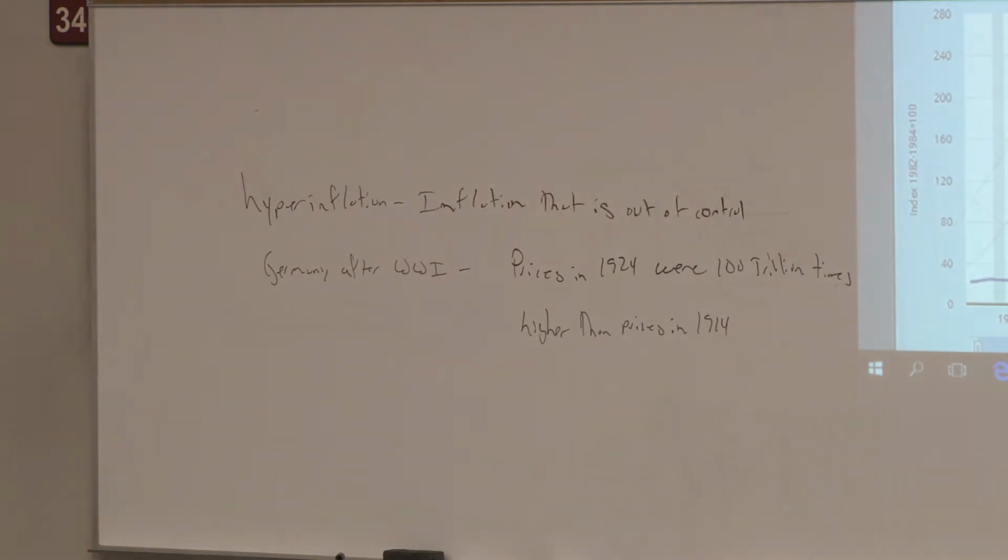Because Germany loses the war, and the Allies say, we're going to make you pay for this. And how do you think they paid for that? They just printed money. They said, you owe us 100 million marks this month. There you go, there's 100 million marks.